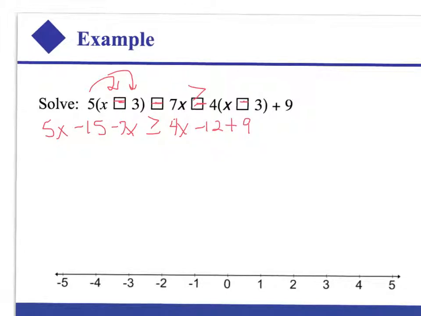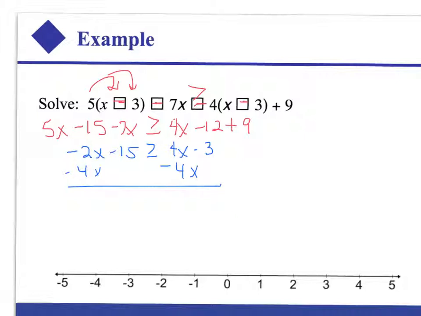We gather like terms, so I wind up with negative 2x minus 15 is greater than or equal to 4x minus 3. I'm going to subtract 4x from both sides. So now I wind up with negative 6x minus 15 is greater than or equal to negative 3. I'm going to add 15 to both sides.